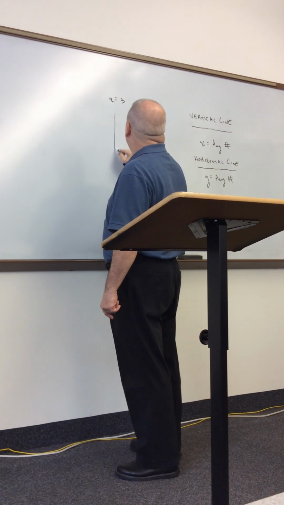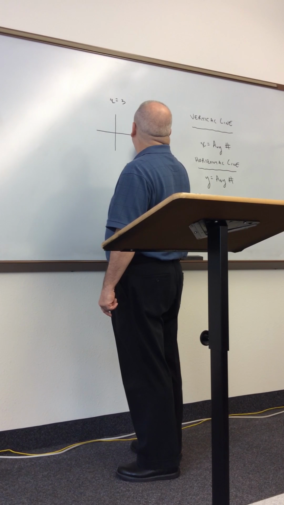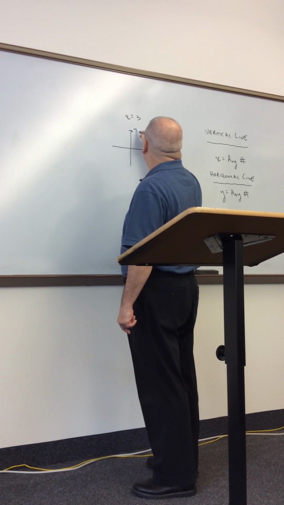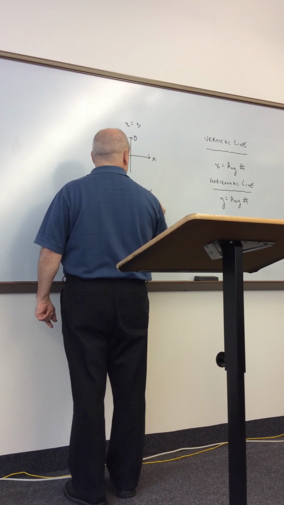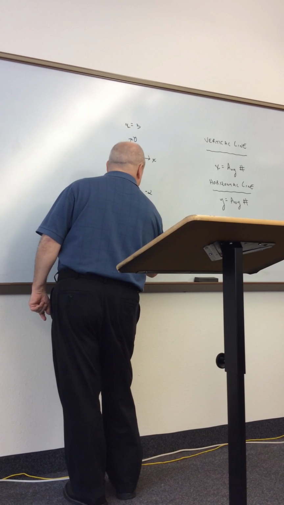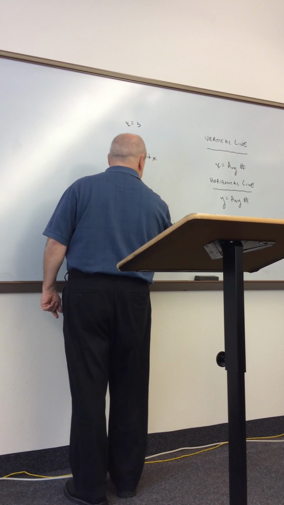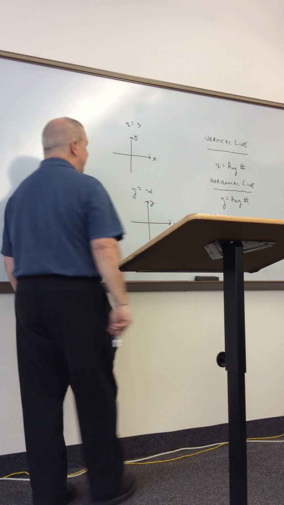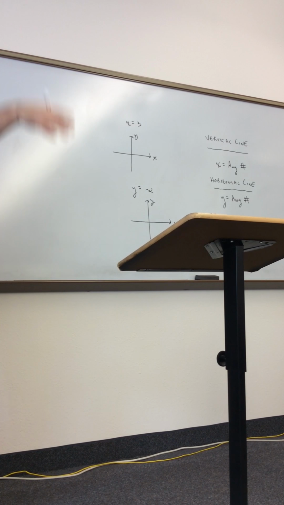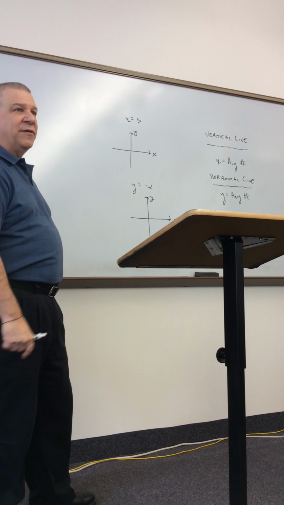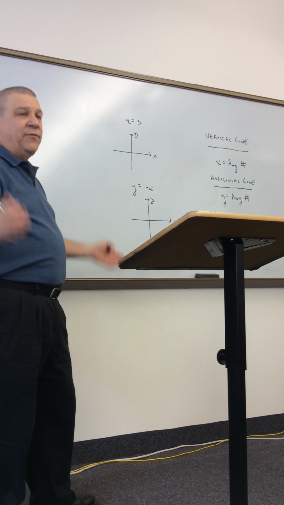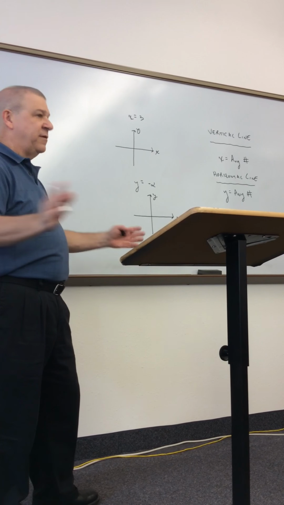Now let me just show you an example here. This is just a quick little review from freshman algebra. It's going to come up in this parabola stuff. If I told you graph x equals 3, isn't that x equals some number? If you have x equals some number, it's a vertical line.